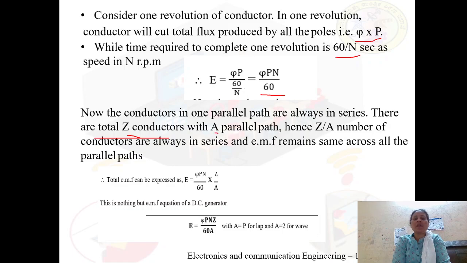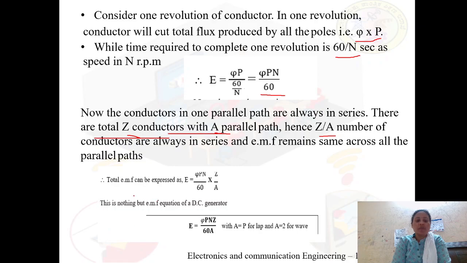Assuming the number of conductors as Z and the number of parallel paths as A, the conductors in a single path can be taken as Z by A. So if there are A parallel paths and Z conductors distributed among A paths, in a single path we have Z by A conductors.